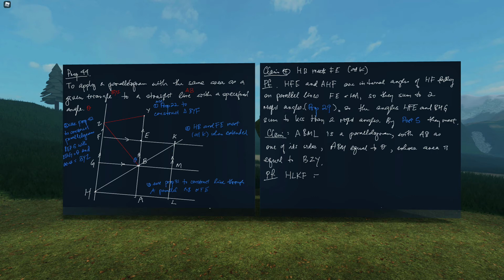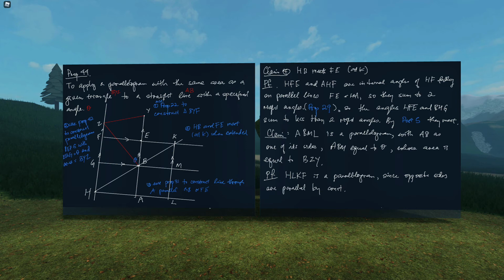So this is a parallelogram. So it's a parallelogram because opposite sides are parallel by construction.